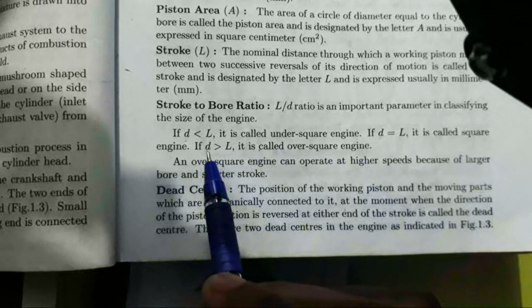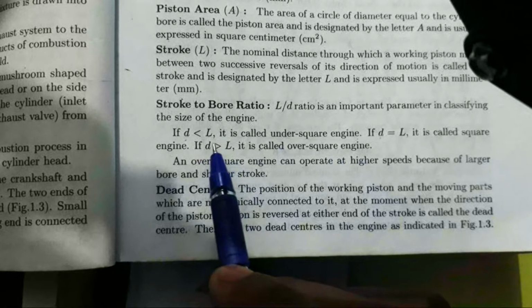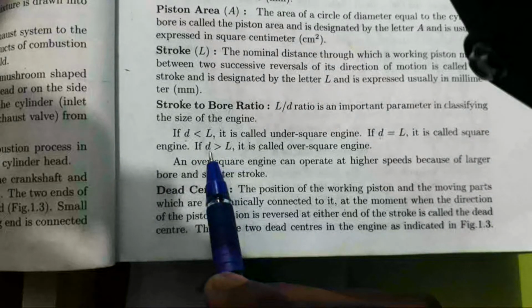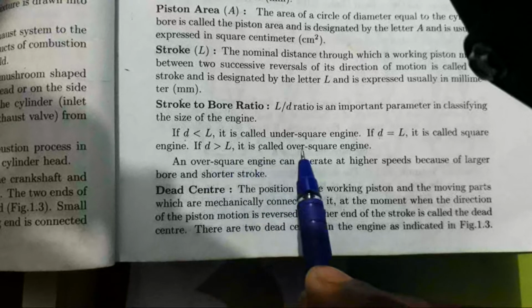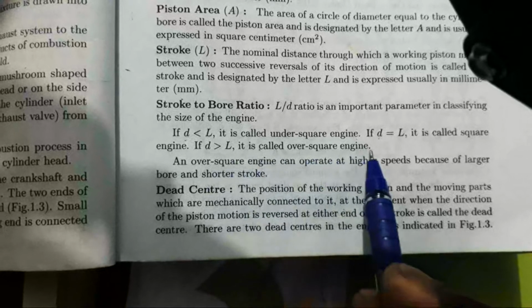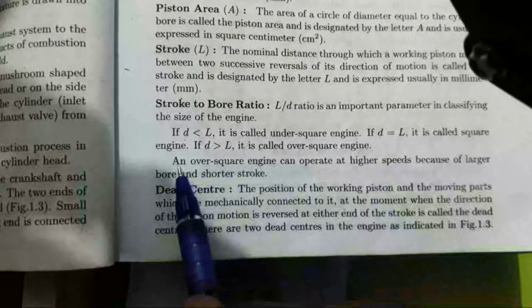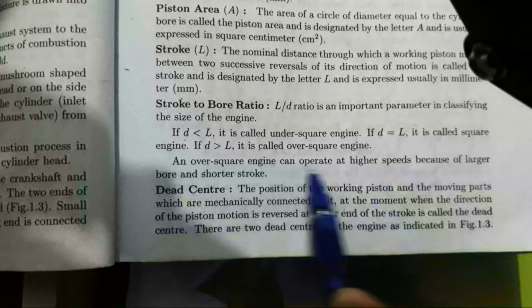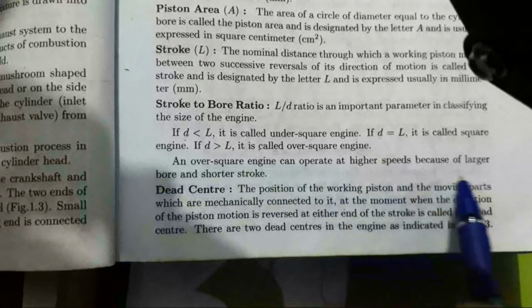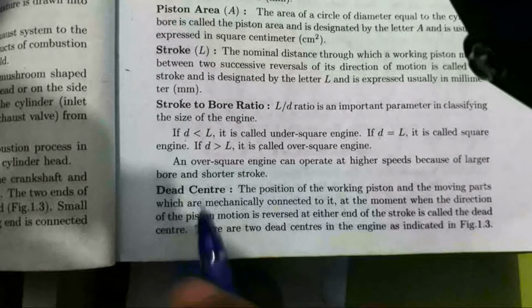If d is greater than L, it is called an over square engine. An over square engine can operate at higher speed because of larger bore and shorter stroke.